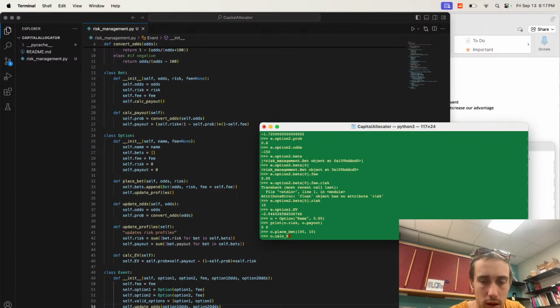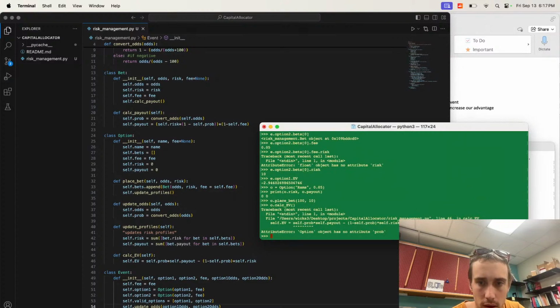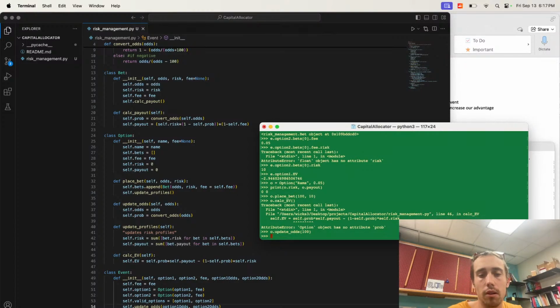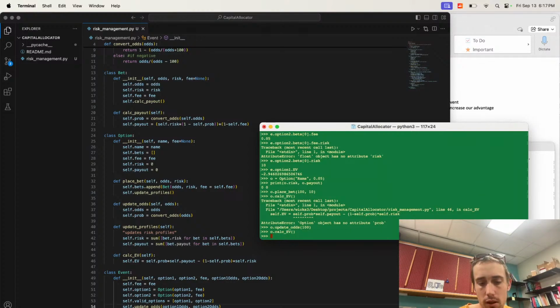Calc EV, option update odds. Okay. Update odds was we just bet it at 100, so we're updating the odds to be 100. Now we calc EV. Now we say, what's the expected value?